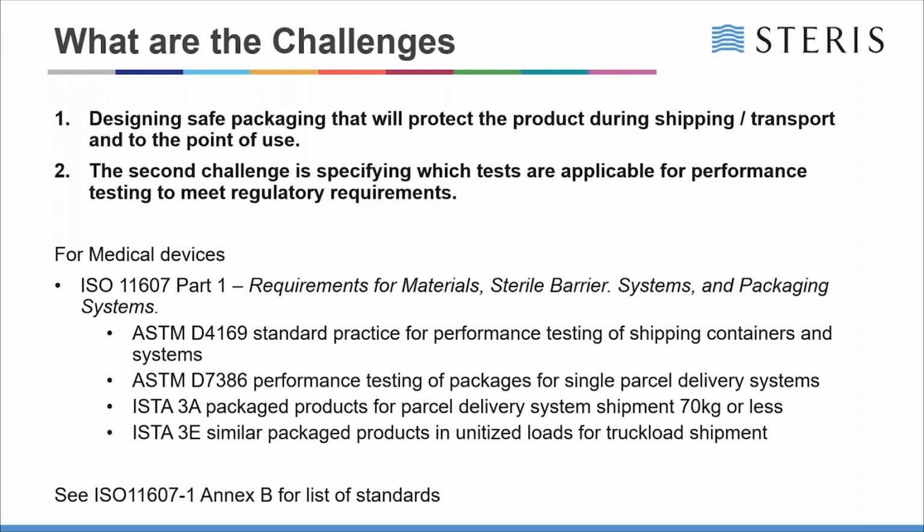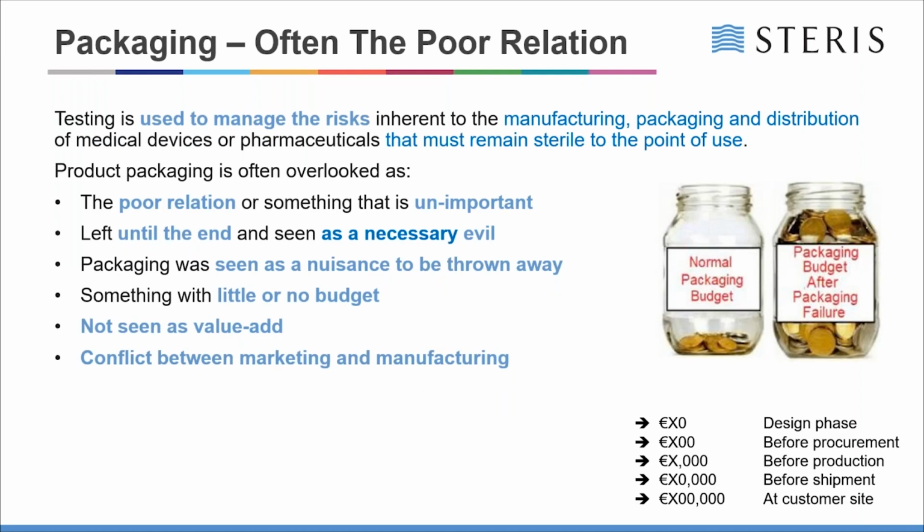But for distribution type testing, you have ASTM D4169, ASTM D7386, and also ISTA 3A and ISTA 3E standards. All very good standards and all used at different levels by different companies. But again, it's up to you to decide which standard you're actually going to use, and you must justify that based on the risk to the actual products.